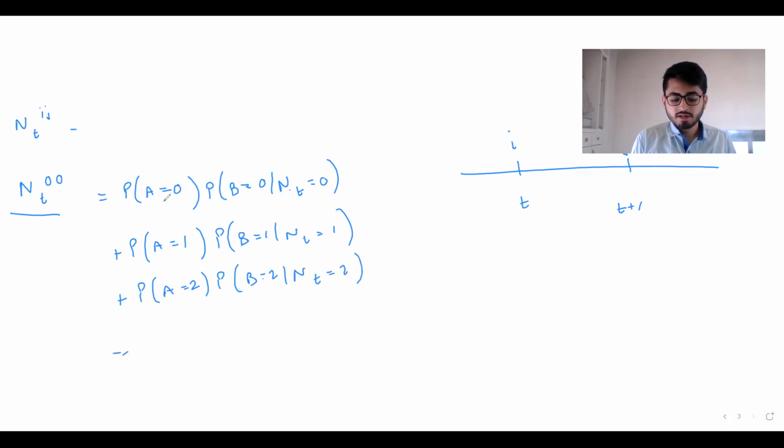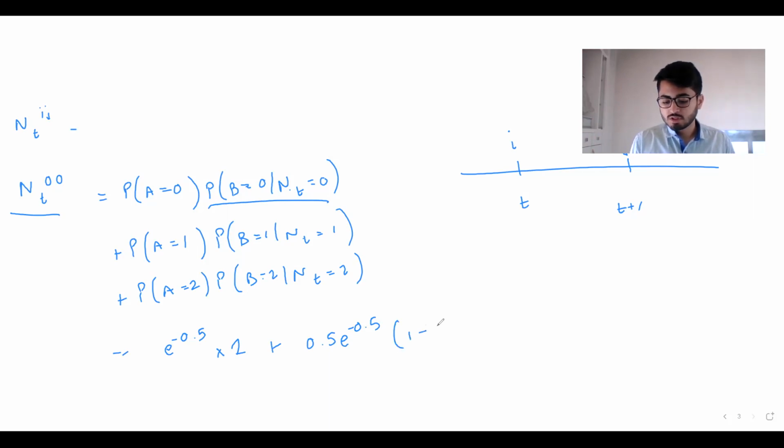And probability A equal to 0 is e to the power minus 0.5, and this probability is nothing but 1, plus probability A equal to 1, which is 0.5 e to the power minus 0.5. Probability B equal to 1 given NT equal to 1 is 1 minus e to the power minus 1.